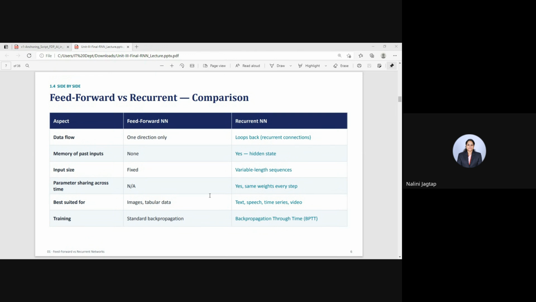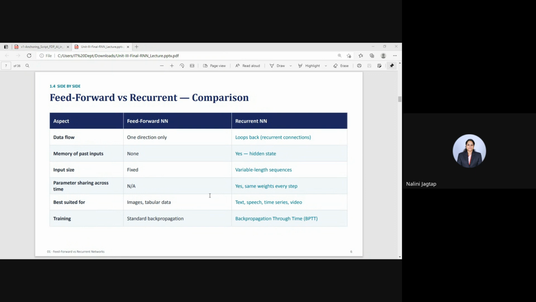There is a fixed input size in the feed forward network, but in the recurrent neural network we have variable length sequences. There is no parameter sharing in the feed forward network, whereas the recurrent neural network uses the same weights at every step.